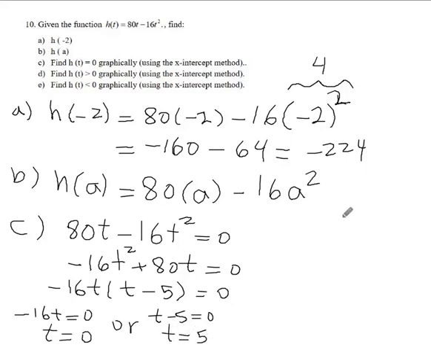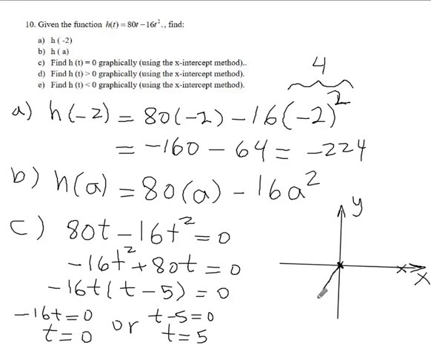So here they're asking us to solve this graphically. So if I look at the graph, this is my y-axis and this is my x-axis, and minus 16t squared plus 80t, this is a parabola that opens downward. The coefficient of t squared is negative, and it looks like the x-intercepts we just found would be at 0 and at 5.